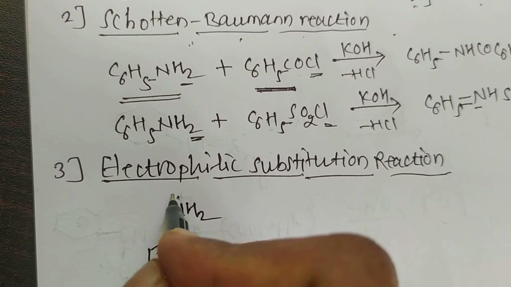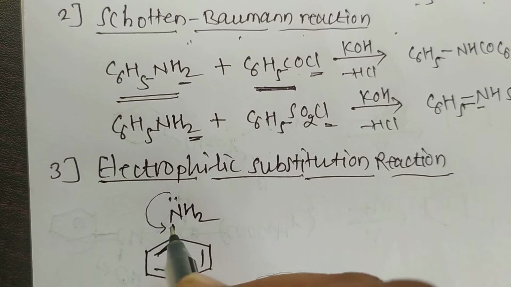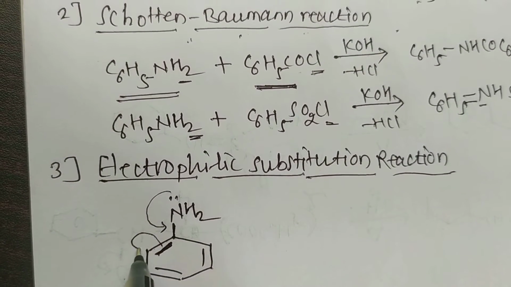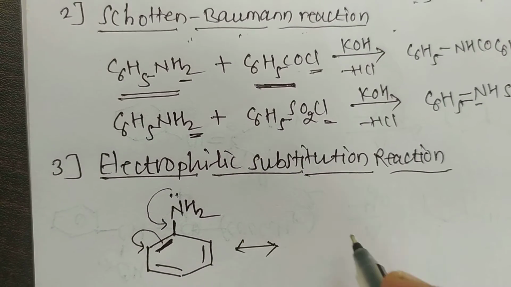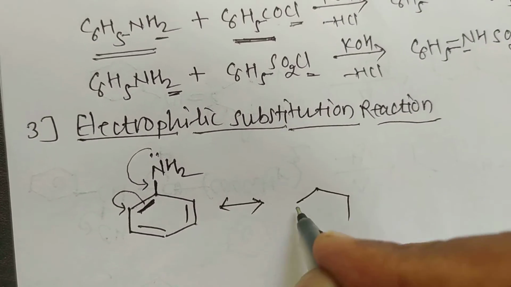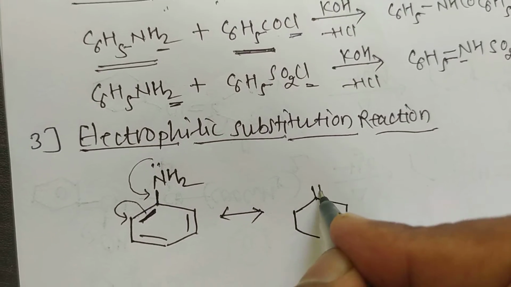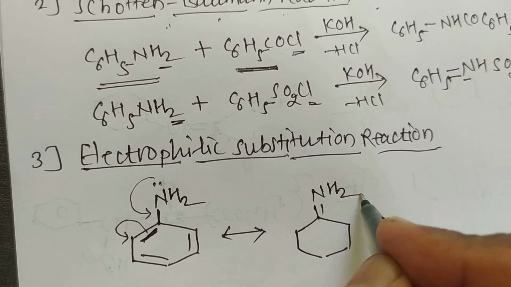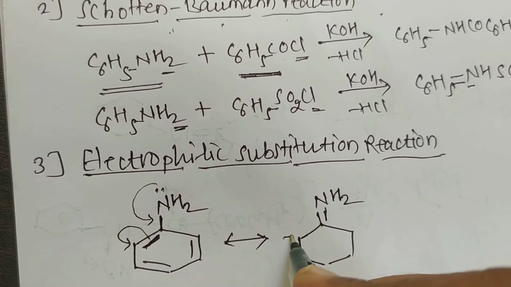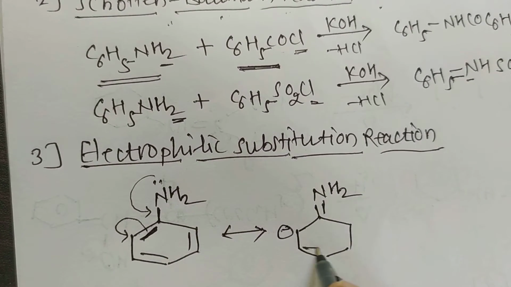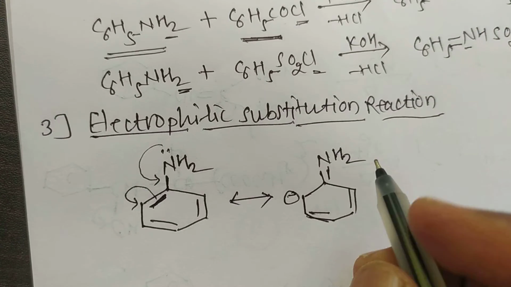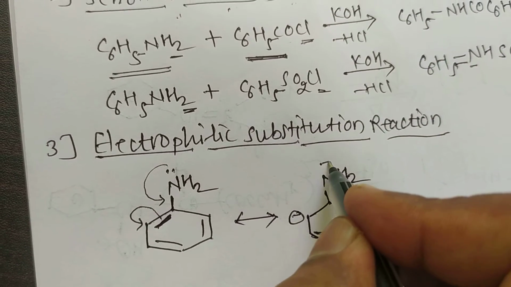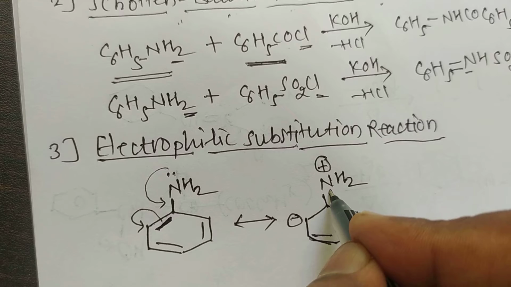Means when delocalization of the lone pair of electrons takes place over this nucleus, then a negative charge forms on the ortho position. This bond remains as it is, and this nitrogen contains a positive charge, because one extra valence is there.